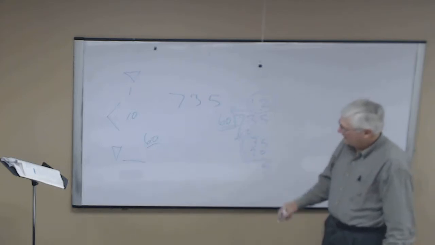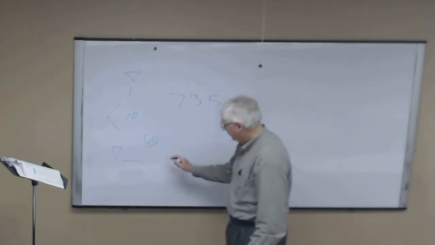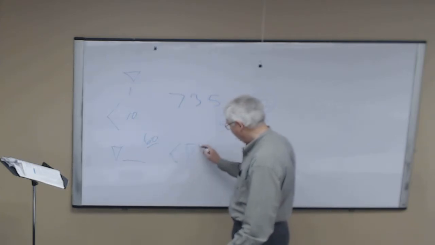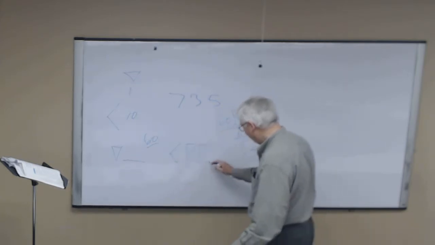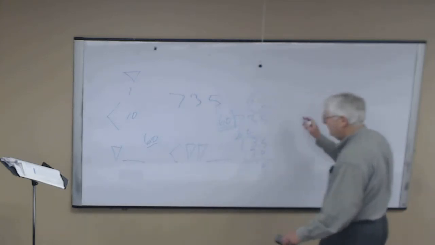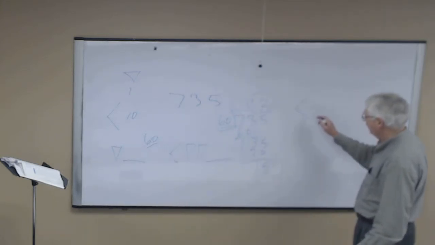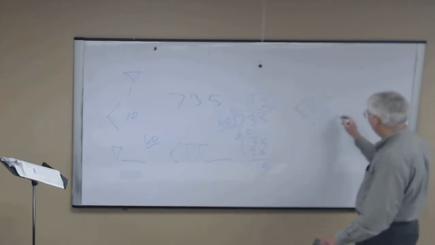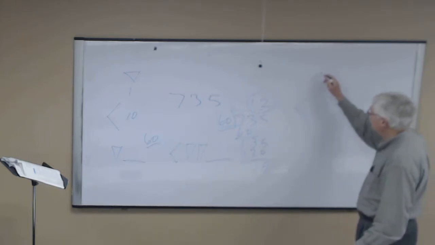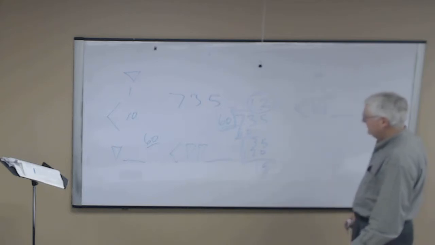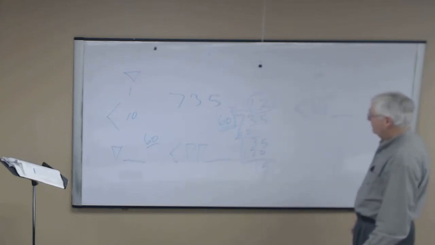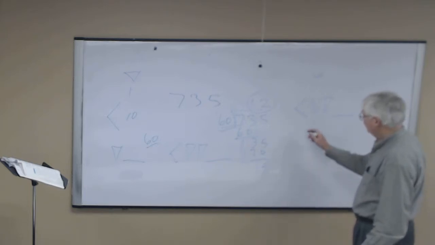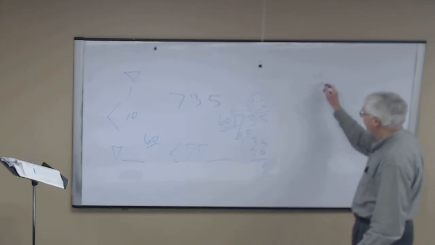I want 12 60s. So I go 10, 11, 12, and then leave a space. I go 10, 11, 12, then I leave a space because these are 60s, so I have 12 60s. So that takes care of what, 720?